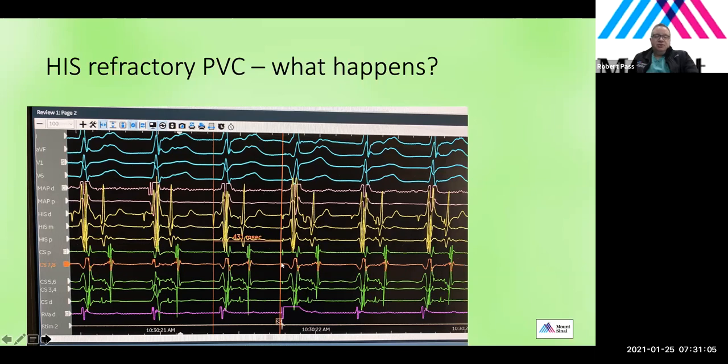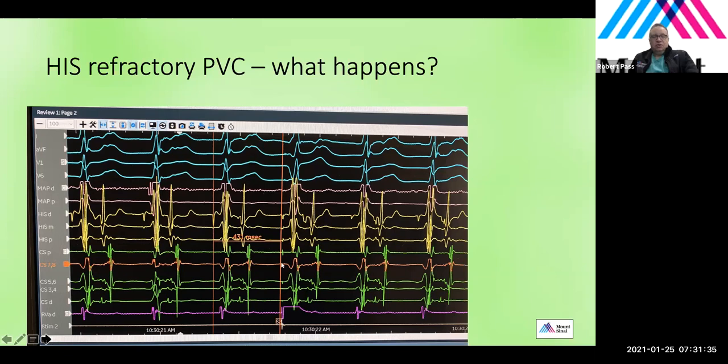So if I pace the ventricle at precisely the moment that the His has fired, the His will be refractory, which means that when I try to go from ventricle to atrium, I must go through the His. But because the His is refractory, the ventricular paced complex should not affect what's going on in the atrium at all, because the His is refractory and disallows ventriculoatrial conduction.